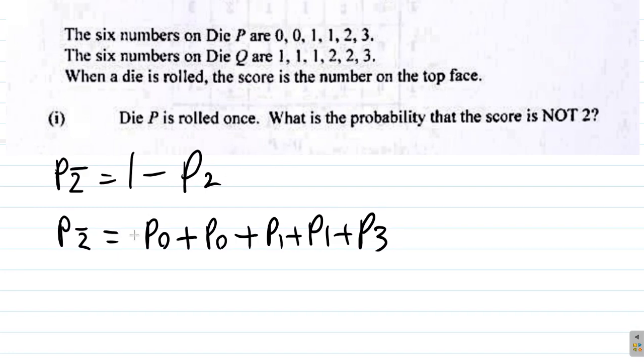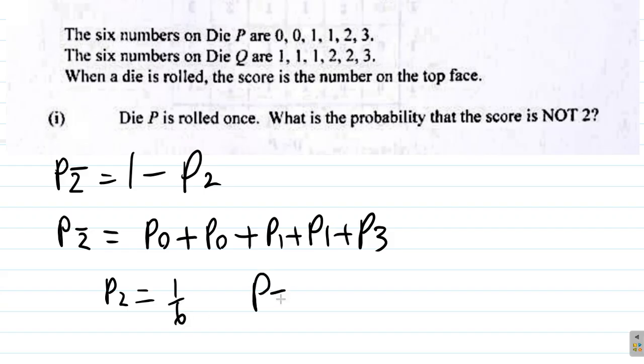The probability that it is not 2. The probability that it is 2 is equal to, now remember, the probability of any one of them is 1/6, and there's only 1 two. The probability that it is a 2 is 1/6.